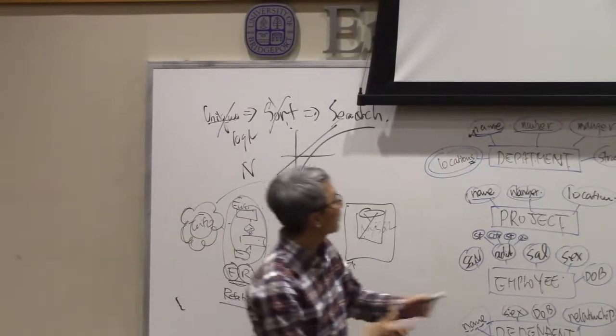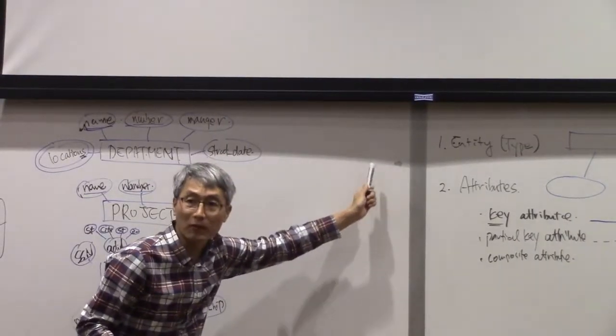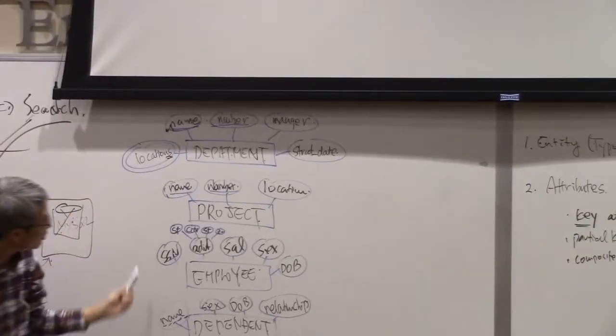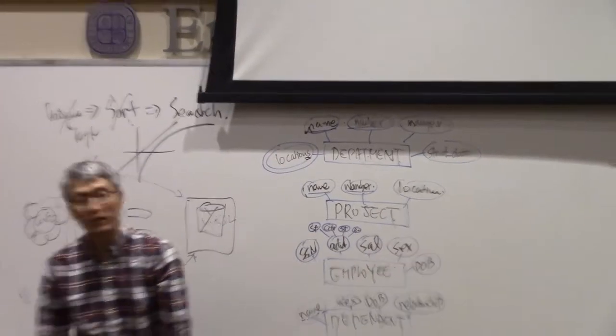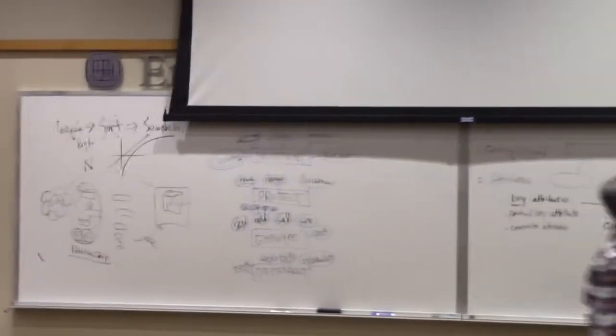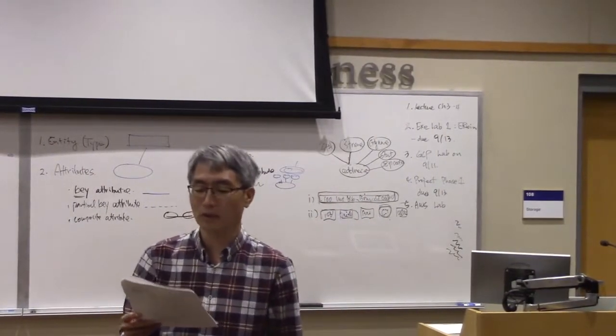From the results of the first and second steps, we pretty much understand how the company database is organized. But some of the information is missing. So let's take a look at the first bullet.